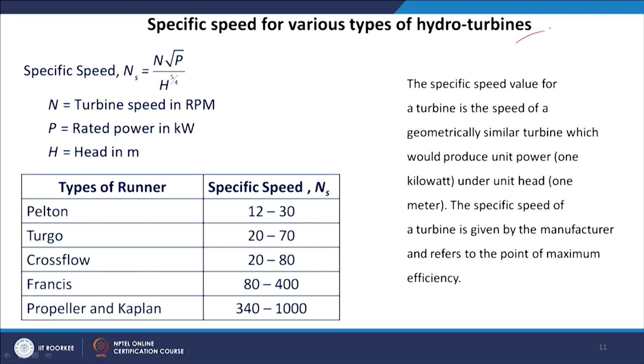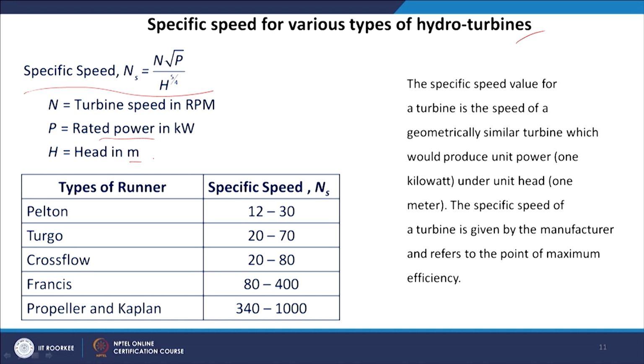What is the specific speed? As per the expression, Ns is equal to n root of P by H to the power 3 by 4. n is the RPM of the turbine, P is the rated power in kilowatt and H is the head in meter. So, this is the mathematical relationship of specific speed.